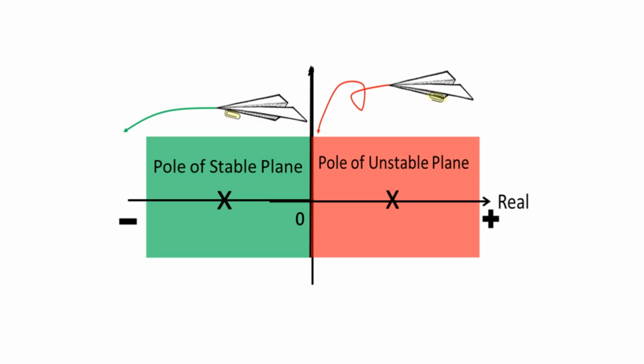So we saw two extreme cases of the airplane. We can gradually move the pole from the left-hand side of the S-plane all the way to the right-hand side of the S-plane and actually overlay it with the S domain. Let's do it. We are going to see several different paper airplanes. Each one has the paper clip at a different location.